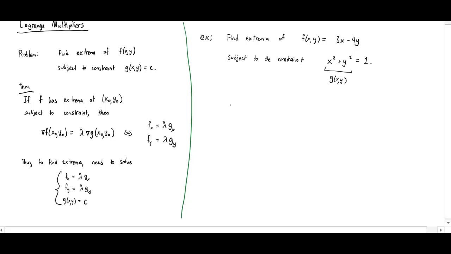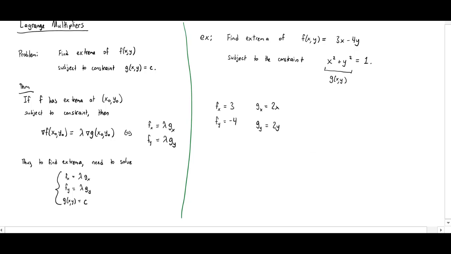Now what we want to do is compute the partial derivatives inside of this system of equations. So let's start by computing fx. In this case, fx would just be 3. Fy would just be negative 4. Gx, partial g with respect to x, would be 2x, and partial g with respect to y would be 2y.